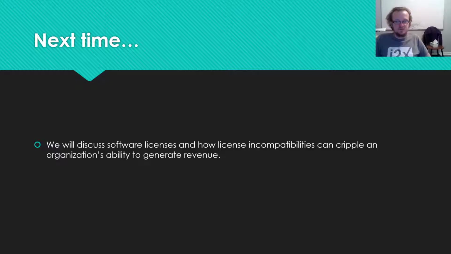Next time what we're going to do is we're going to talk about software licenses, so particularly closed source and open source licenses, and how if you aren't kind of careful about how you incorporate third-party applications into your application stack, you can end up with what are called licensing incompatibilities, and these things can cripple your ability to actually generate revenue because many of these are very restrictive, and by incorporating that piece of software into your application, you are giving up ownership of that application code, or you're open sourcing your application. So that's not necessarily great.